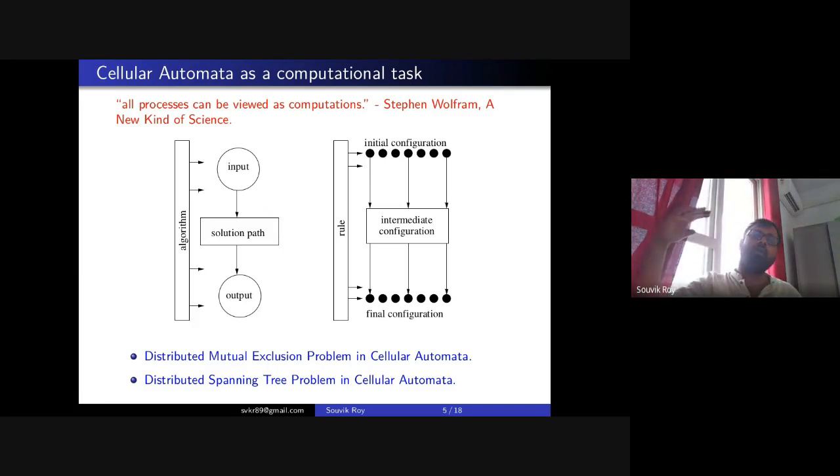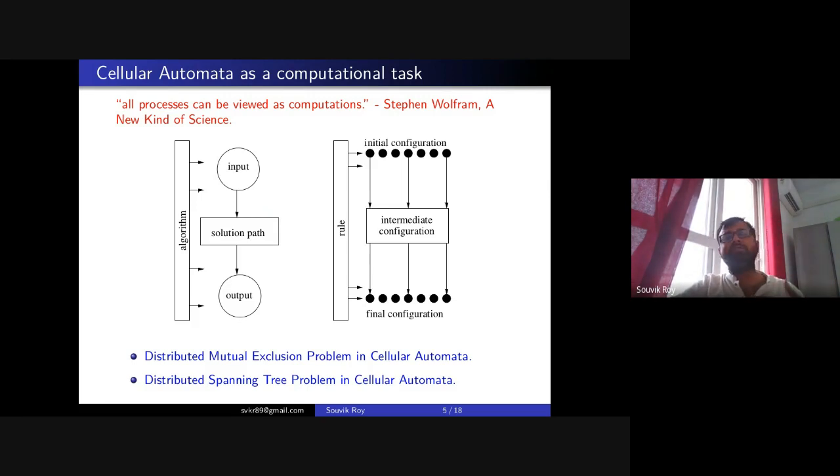And in cellular automata, you can think of the initial configuration as the input, and then there will be some intermediate configurations, and the final configuration is the output. We can consider a fixed point as the final configuration in general, and the rule is actually the algorithm.